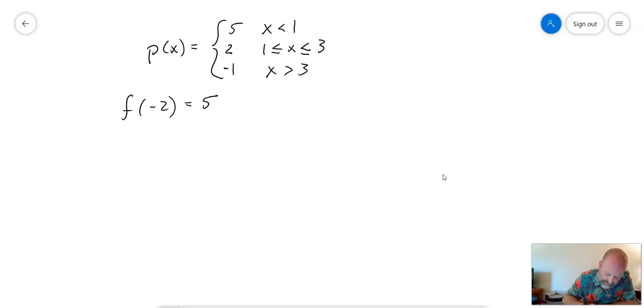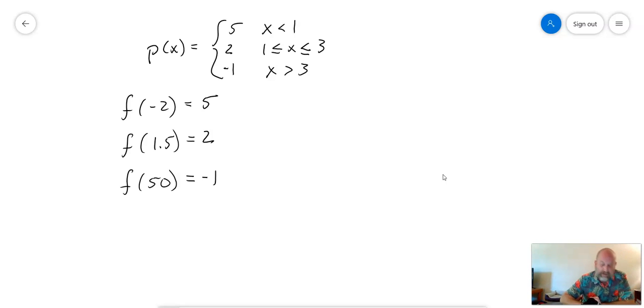If I pick something in the interval from 1 to 3, let's say 1.5, 1.5 falls between 1 and 3, so the function value here is 2. If I pick something like f of 50, well, 50 is greater than 3, so that's in the third category, which means this is equal to -1. So basically, what the function value is depends entirely on which interval you fall into.